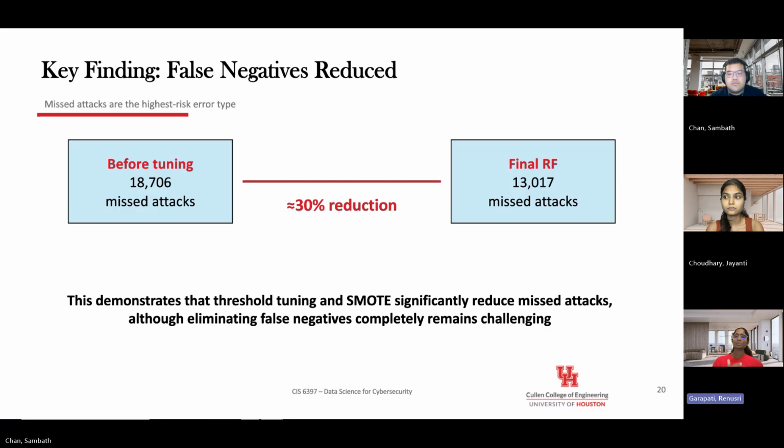That's nearly a 30% reduction. Additional attacks, meaning 5,000 additional attacks, are now being detected. This improvement came from careful threshold tuning, not just the model choice. And choosing this threshold value comes with trade-offs too.